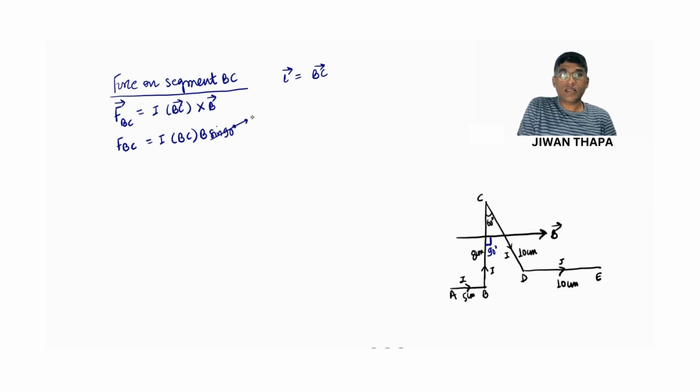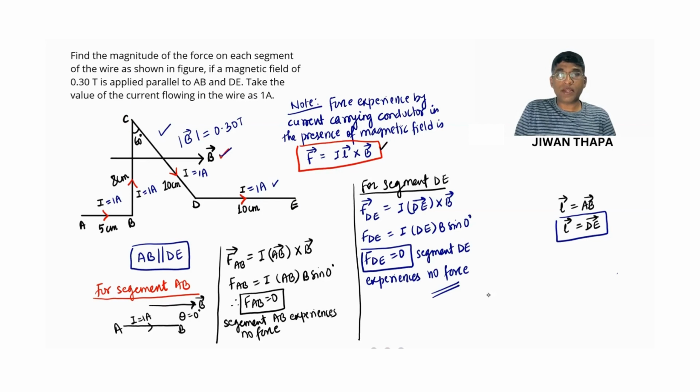So this is 1. Therefore we can write force on segment BC equals current times length of segment BC times magnetic field. Now let's put the value. So we can write force on BC equals current, and we know current is 1 ampere, and magnetic field is 0.30 Tesla.